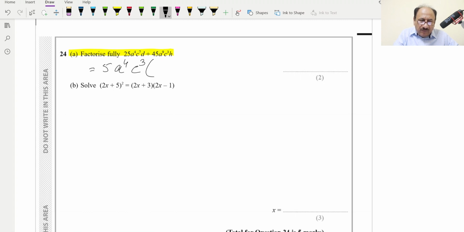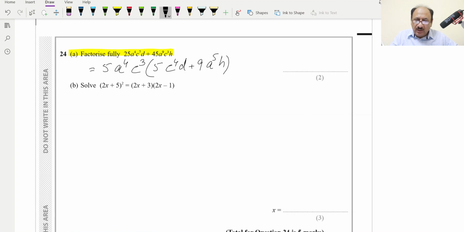Inside will be 5 fives are 25, and a is gone out, so c to the 3 gone out, so c to the 4, and d remaining, so plus this will be 5 nines are 45, and a raised to the power remaining will be 5, and c is gone out, so h.